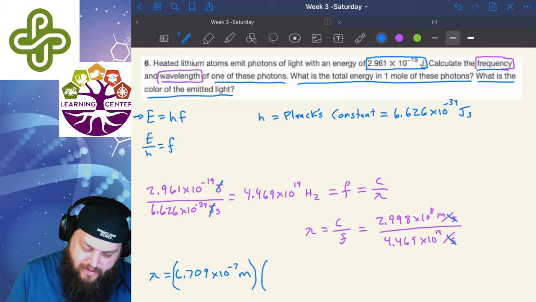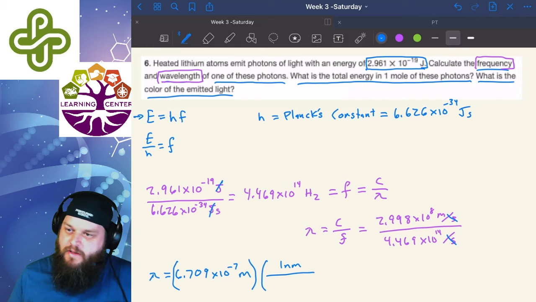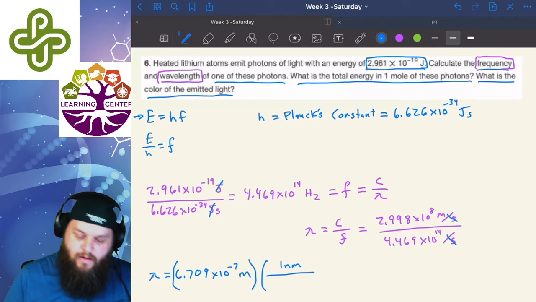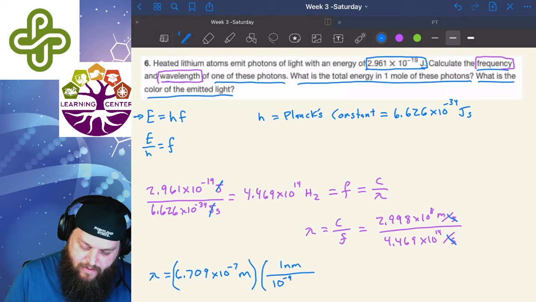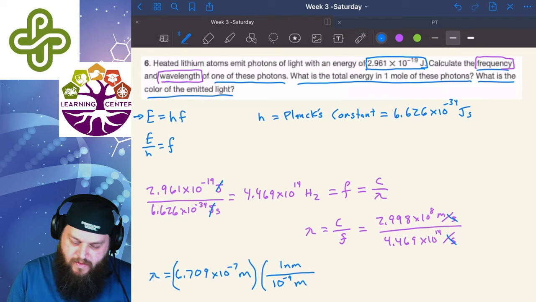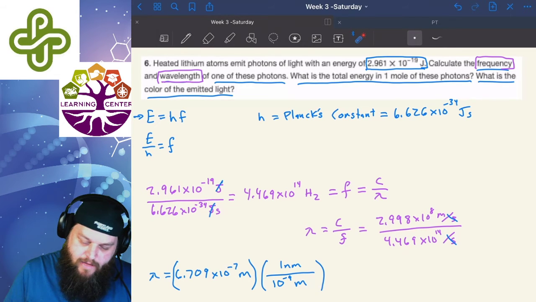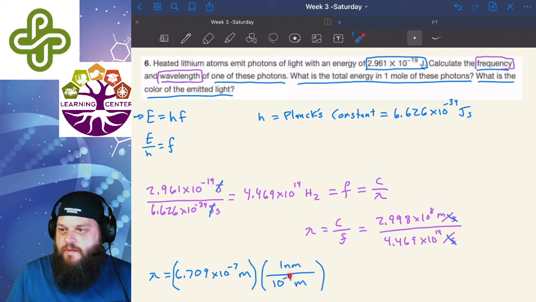I'm going to multiply this by 1 nanometer divided by, and nano is the prefix for 10 to the negative 9, so I'm going to put 10 to the negative 9 meters. Notice everything in this fraction is still equal to 1 because 1 nanometer is equal to 10 to the negative 9 meters. So I'm not changing this value, I'm just changing the units of it.